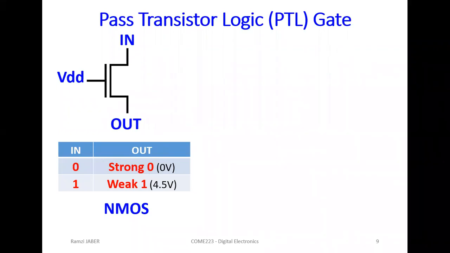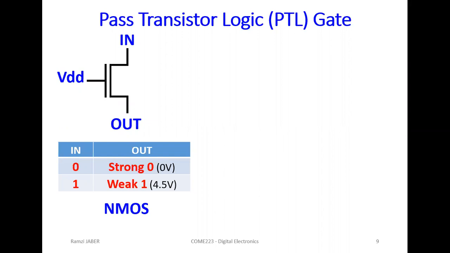But we will review the golden rule of CMOS technology about that. Always connect the N MOSFET or N CMOS to the ground to be strong. If we connect the N MOSFET to the voltage power supply, the internal diodes inside the transistor will be turned on and we will get a weak result, not a strong result.